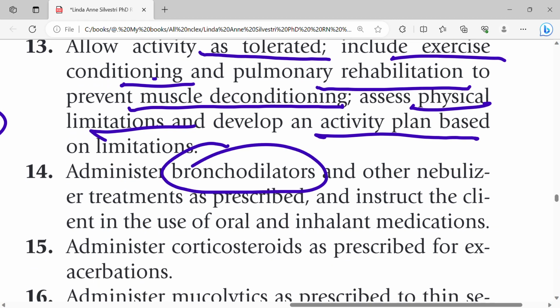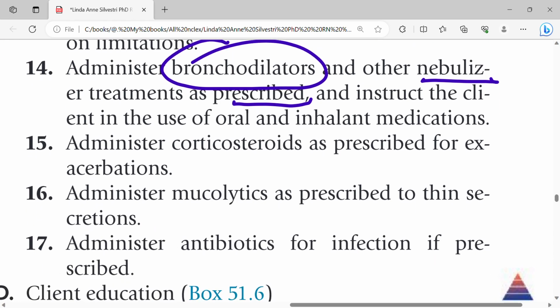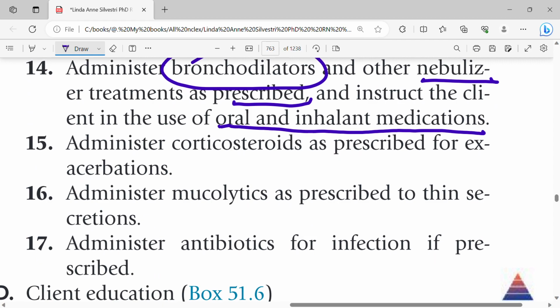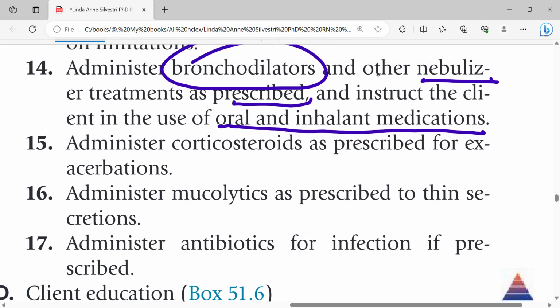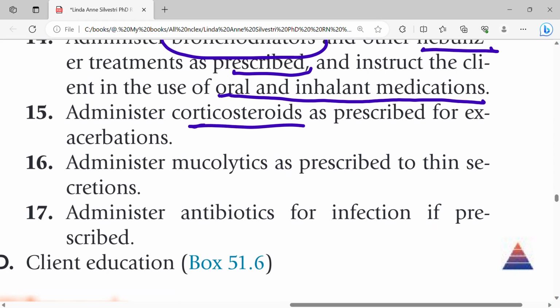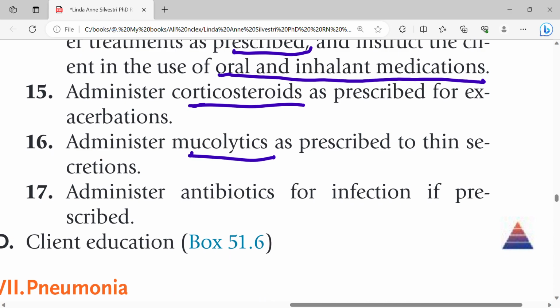Administer bronchodilators, or nebulizer as prescribed. Instruct the client in the use of oral and inhalant medication. Administer corticosteroids as prescribed. Administer mucolytics. Mucolytics will thin the secretions, like Mucomix and all.